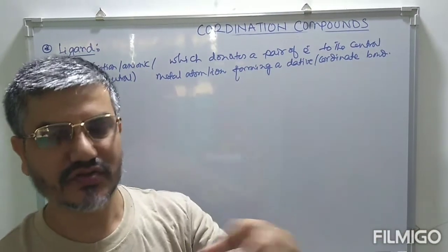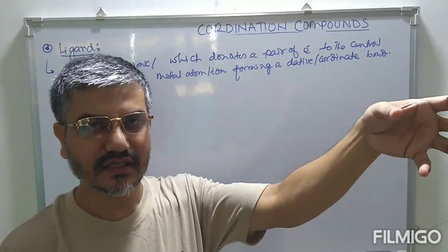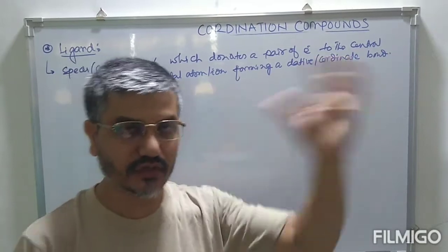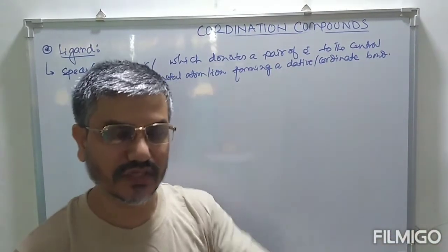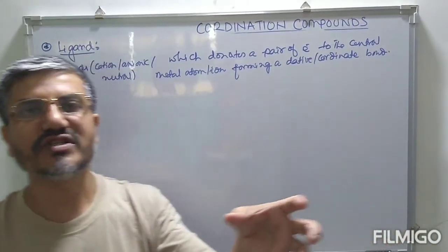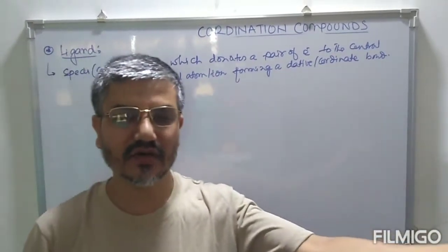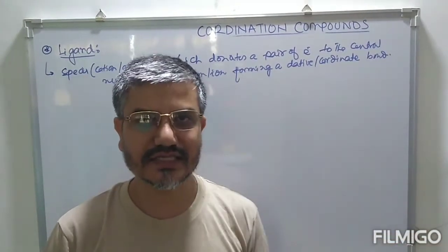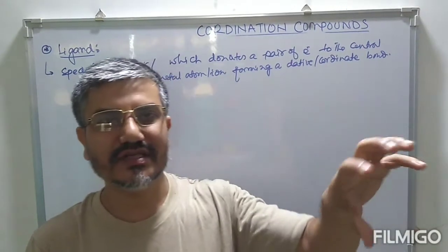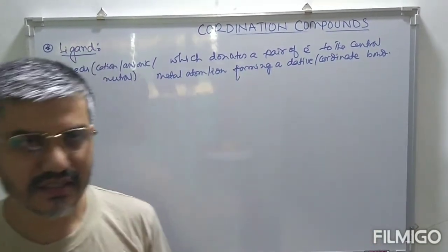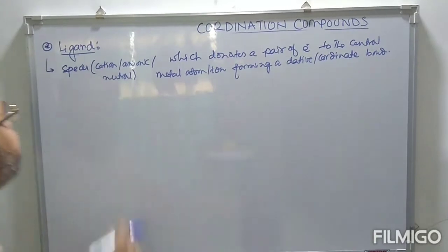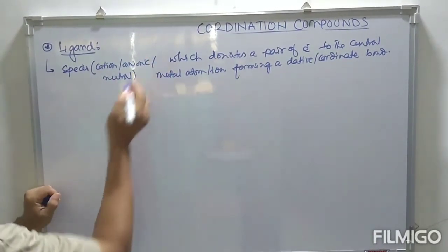Now since the ligand is donating a pair of electrons, the central atom accepts a pair of electrons. So the electron donor is a Lewis base, and the electron acceptor is a Lewis acid. So ligands are Lewis bases and the metal ion or metal atom is a Lewis acid. The bond formed between the metal and ligand is a dative bond.